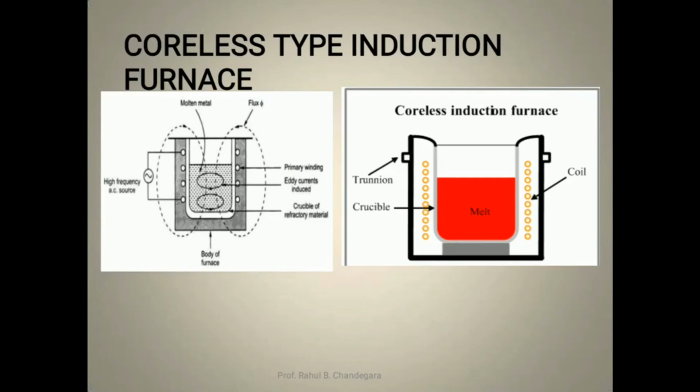The crucible is used in this. The coil is outside, the primary. In the first figure we can see the primary winding, and the supply is a high frequency AC source. Molten metal is in the crucible. The flux is generated from both primary windings, and eddy current is induced in the crucible or melt.